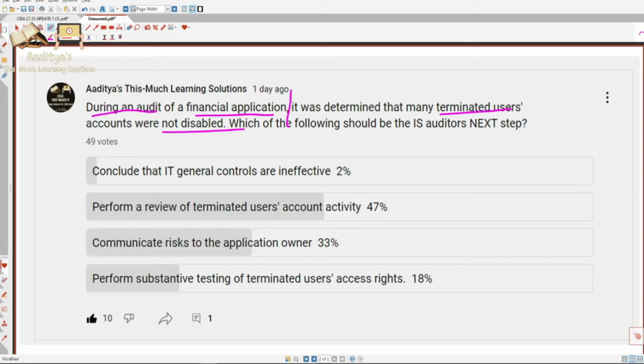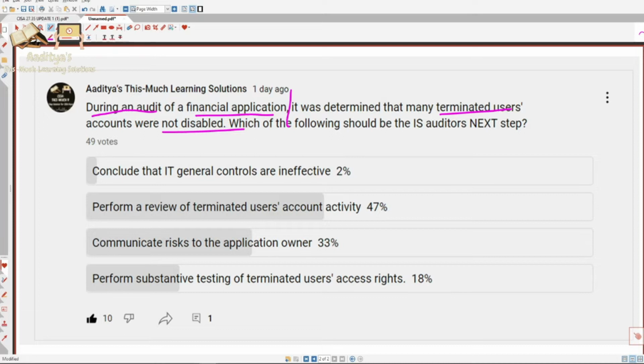There are a few words here that we will focus on afterwards. Let me read the entire question first and then we will do the analysis. During an audit of a financial application, it was determined that many terminated users' accounts were not disabled.